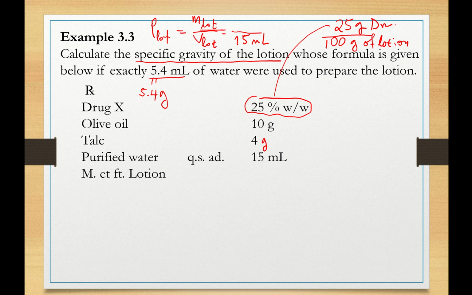So that's 25 grams of drug over 100 grams of lotion, drug included. Okay, so this is the definition, and this is actually your basis for solution. So what I'm asking is, this is given for a reason. Make an equation out of it. Have a restless mind. Make it fun for you so you can get satisfaction out of it.